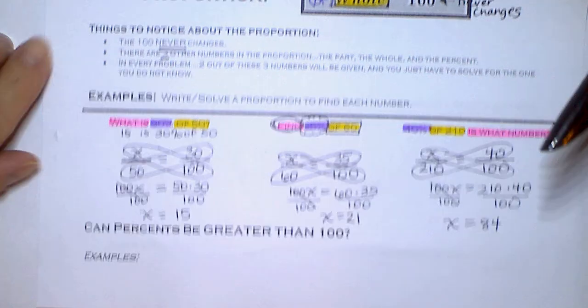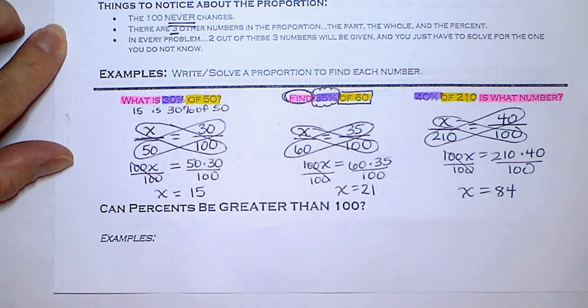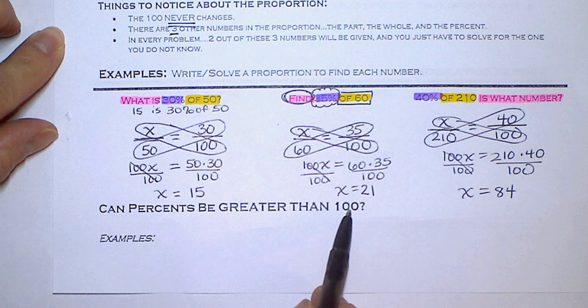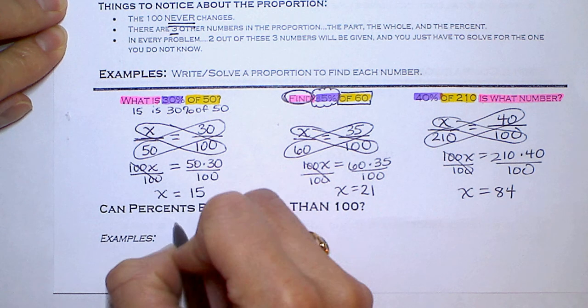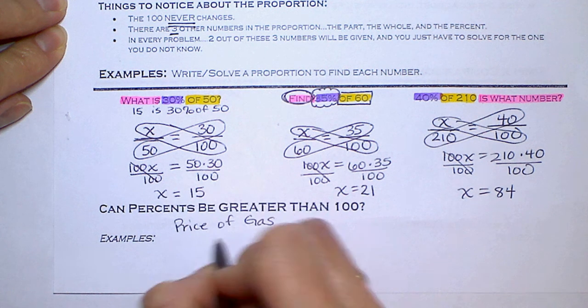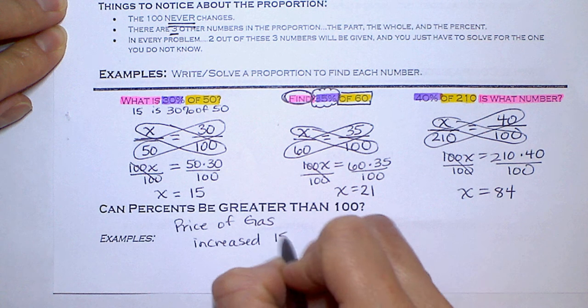Now real quick, because we just have a little bit left on the bottom of our paper, before I start a new video, we want to know, can percents be greater than 100? Well, sure they can. Prices can raise more than 100, so maybe the price of gas has increased 150%.